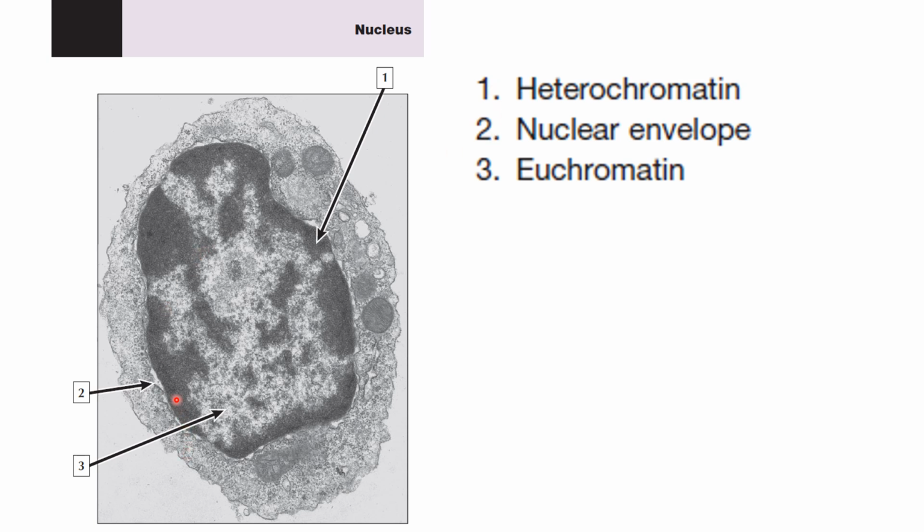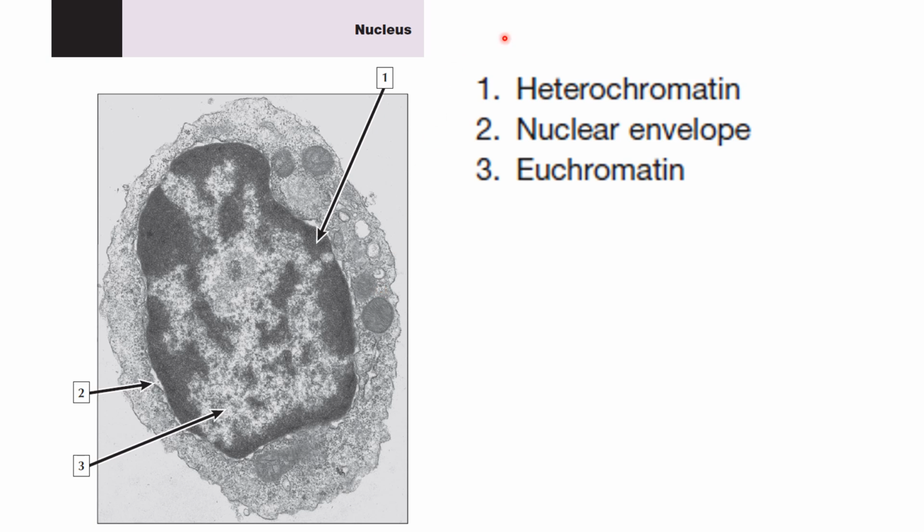A nuclear envelope, labeled here as number 2, encloses the nucleus, shown here in the big ovoid structure in the center. The nucleus of interphase cells is separated from the cytoplasm by this envelope.